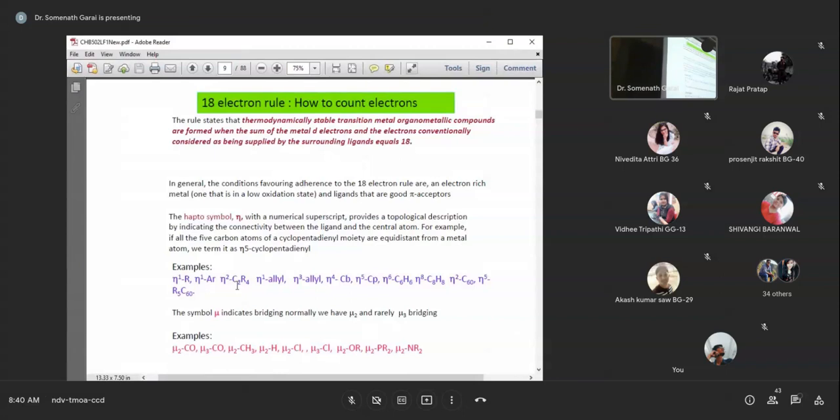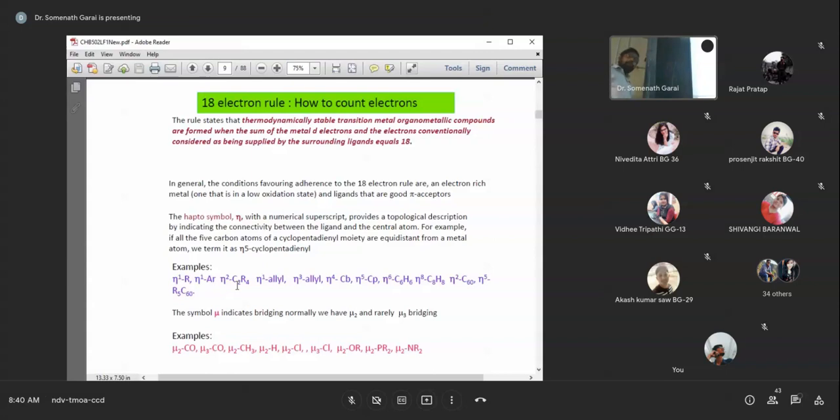Correct. Now maybe I will just try to draw it. Can you see this? Yeah, I hope you can see that. So basically, you see, now it will be bound with 4 of the carbons, leaving this electron.